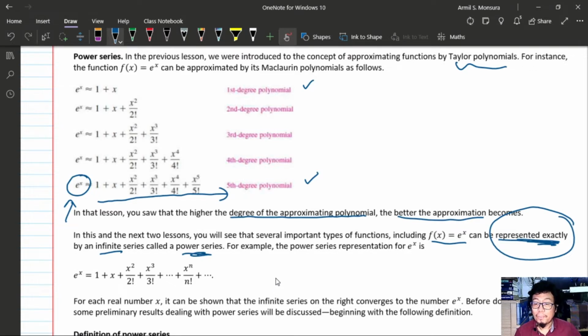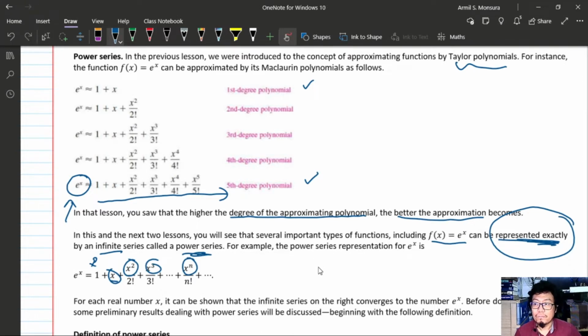We call this a power series because it is a series in terms of the powers of x. As you can see here, that's x raised to 0, x raised to 1, x squared, x cubed, and so on. So these are powers of x, which is why we call them power series.